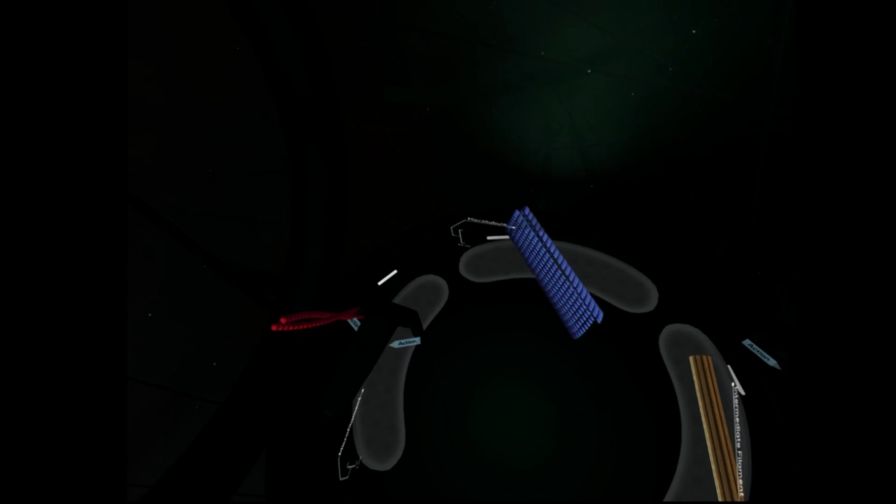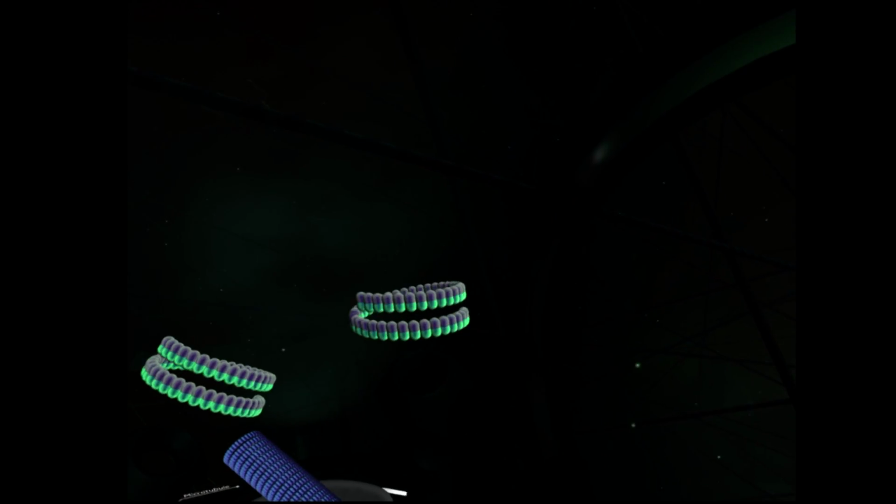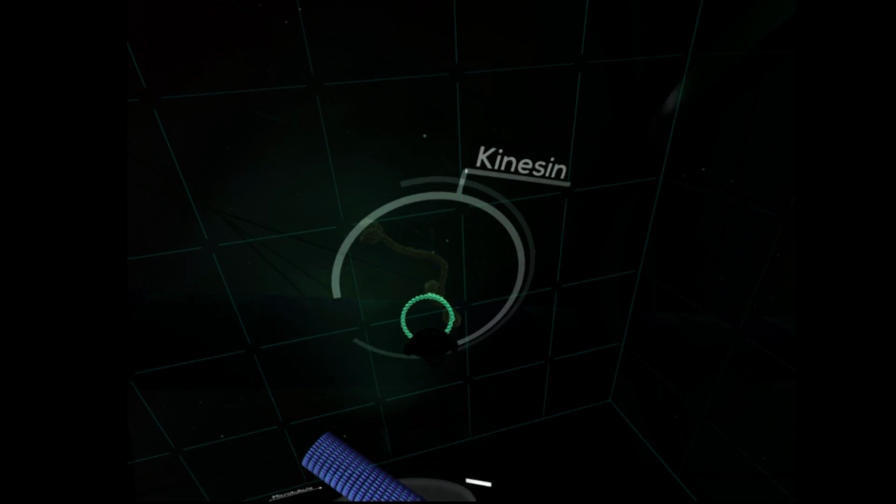Glitching out on me. What is that? A special type of protein, called kinesin motor protein, has the ability to walk along microtubules. It latches onto larger structures and transports them around the cell.